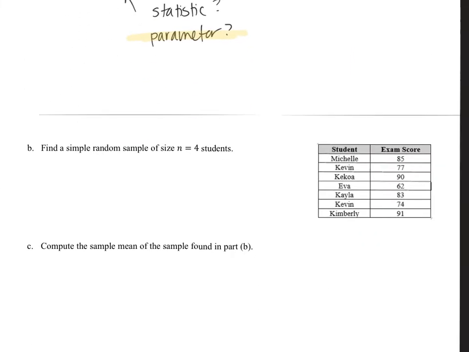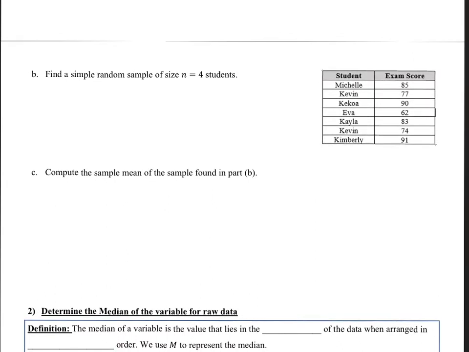Alright, so now we're going to take a simple random sample of size n equals 4 students. There is a way to calculate this using either your TI-84 calculator or StatCrunch on Pearson. If you want to know how to use your calculator, you can look on page 112.